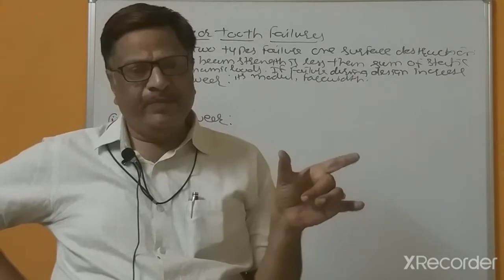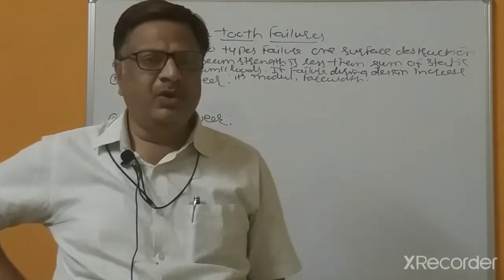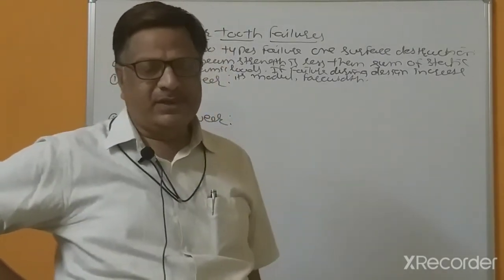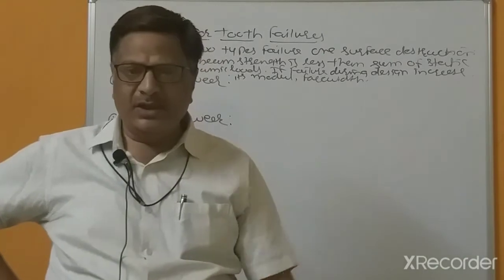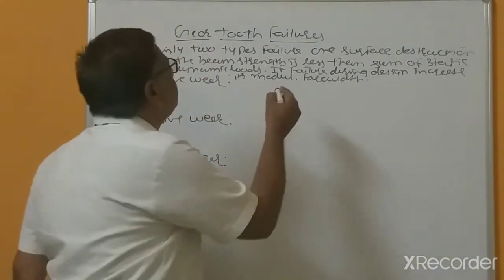So we are taking face width equal to 10 m, and we can increase up to 12 m, that is 12 times the module. Otherwise we can increase the module.